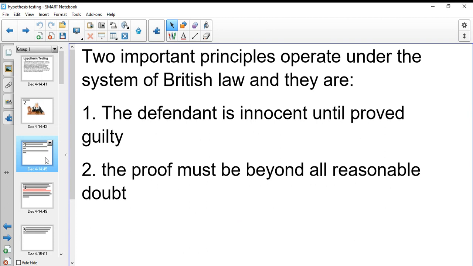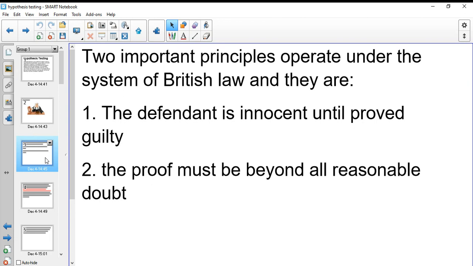The first principle is that the defendant is innocent until proven guilty. So basically, we are making an assumption that the defendant is innocent. That's our default assumption.